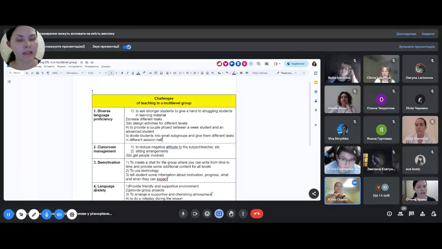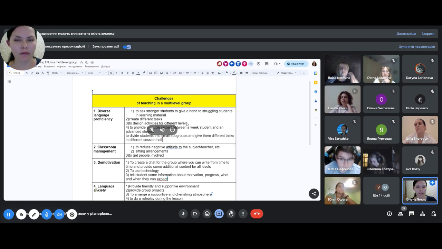Or maybe provide different definitions for words. For example, for high level, we can provide just English, and for low levels, we can provide just translation or something. Yes, that is right. So we can use different kinds of scaffolding with different levels of students.